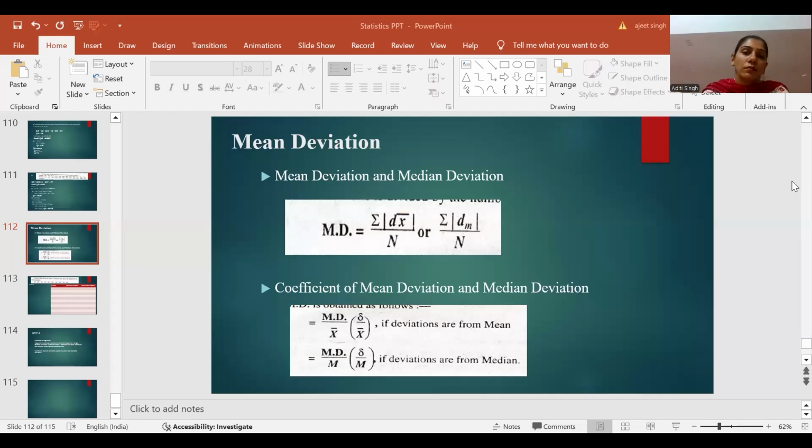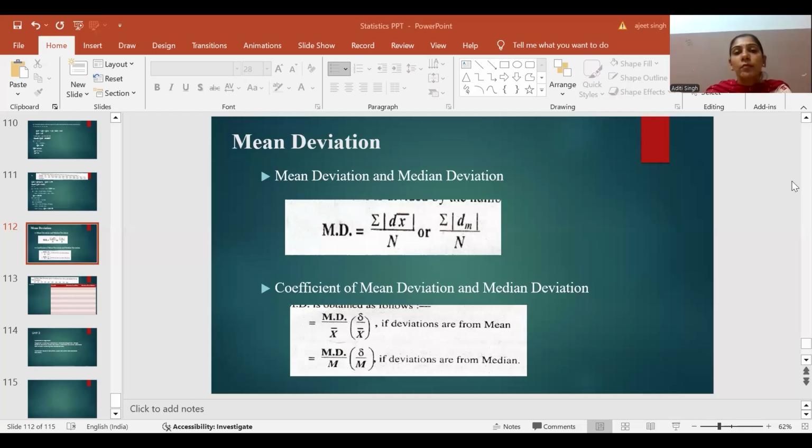Some of the definitions of mean deviation say that mean deviation is, for a series of magnitudes, the arithmetical mean of their deviations from an average value, either mean or median.